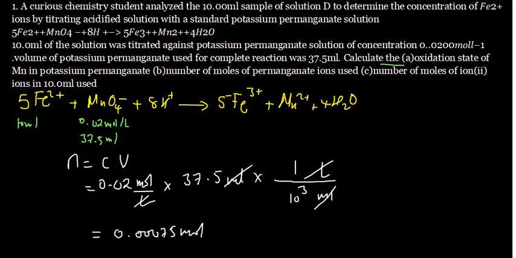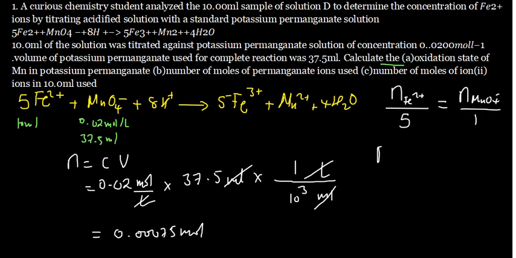And then part C, number of moles of iron 2 ions present in 10 milliliters. It's very direct. Number of moles of iron 2 ion divided by the coefficient, which is 5, should be equal to the number of moles of the manganate ions divided by the coefficient, which is 1.